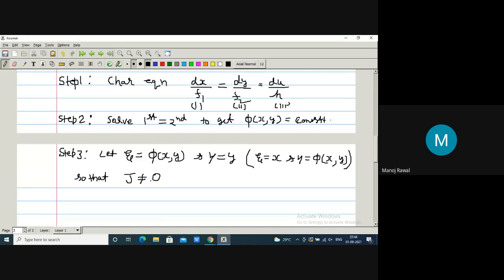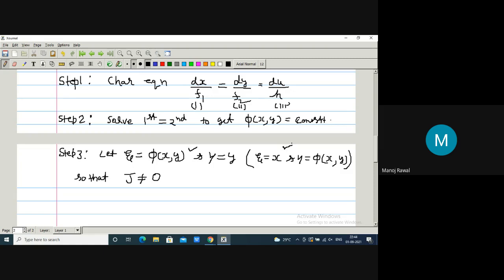And I require xi and eta as independent functions. Sometimes when you choose this option, you might not get independent functions, then you have to look for the second option.